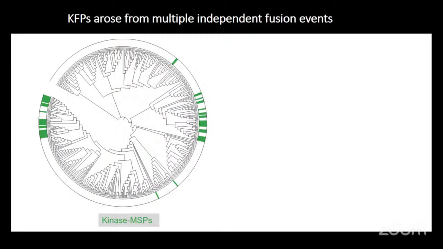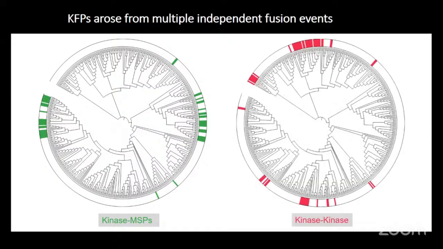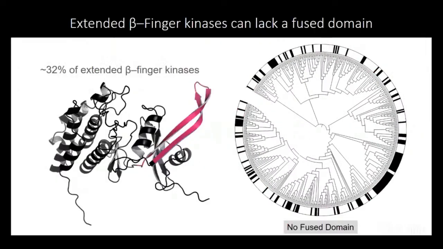And here's another example of two kinases that are fused together. And this fusion also possibly occurred multiple times. And also interestingly, many of these extended kinases occur in kinases that are singletons, that are not fused to another kinase or to an altogether exotic domain.